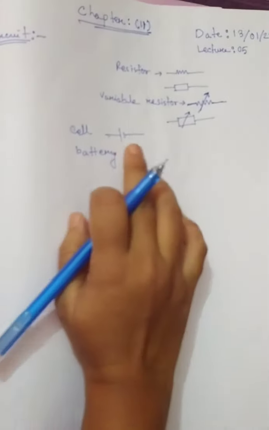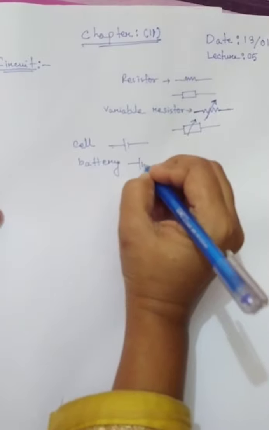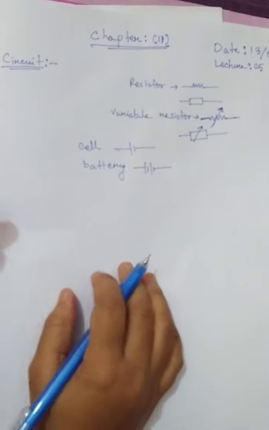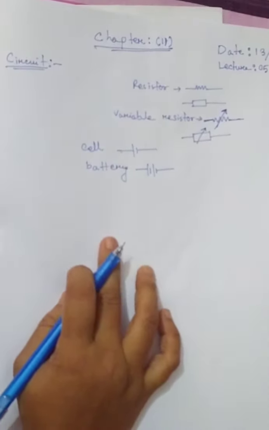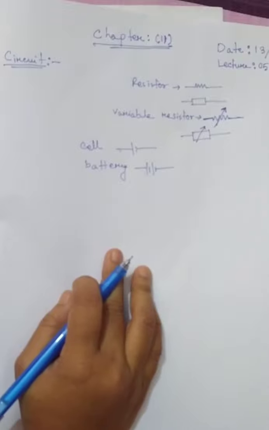To maintain that, an external source or battery is connected, and the symbol of a cell is this one, and the symbol of a battery is this one. So a cell is also used as a source. At the same time, a battery is also used as a source of potential difference.